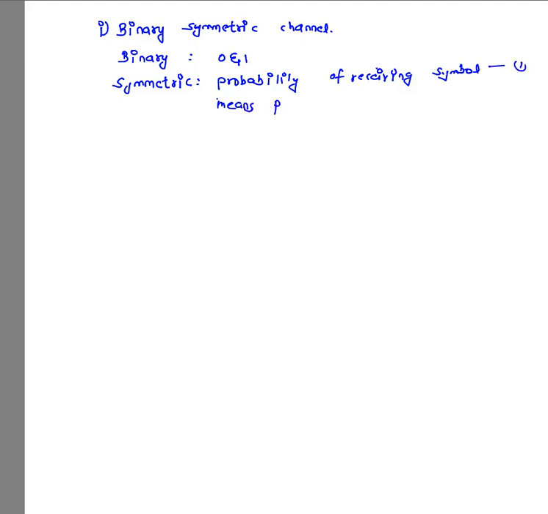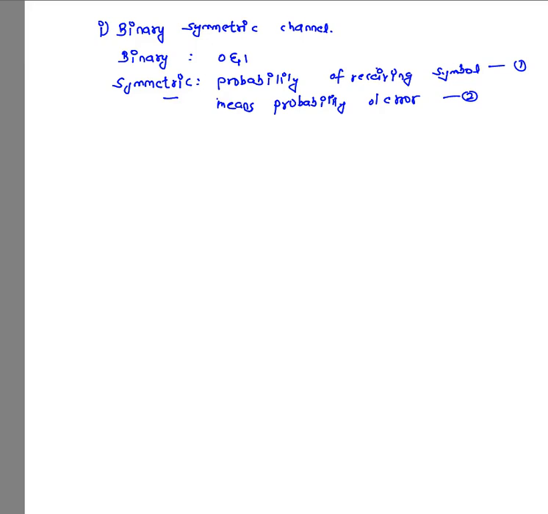Receiving the correct symbol, let it be the first probability. Probability of error, let it be the second probability. Here symmetric indicates that the probability of error, or the probability of receiving the correct symbol, on both ends is the same.